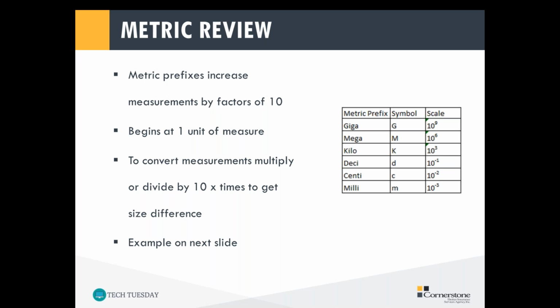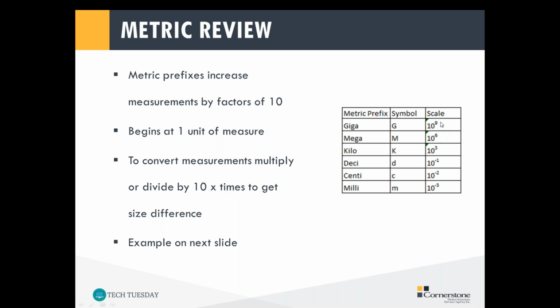So first, we're going to cover a bit of the metric system. Metric basically uses prefixes that go up by factors of 10. It begins at 1 unit of measure, like a meter is 1 meter. A kilometer, after that, if you take a look at the table, is 10 to the third. So it's 1,000 meters because it's 10 times 10 times 10.